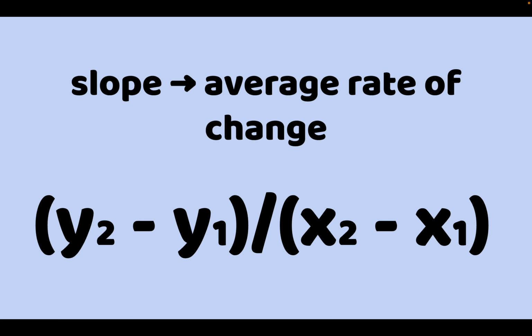And then these 2 and 3 came from the points (2, 15) and (3, 20). These points, you can switch them up. 2 could be x1 and 3 could be x2, or 2 could be x2 and 3 could be x1. It really doesn't matter as long as you stay consistent.